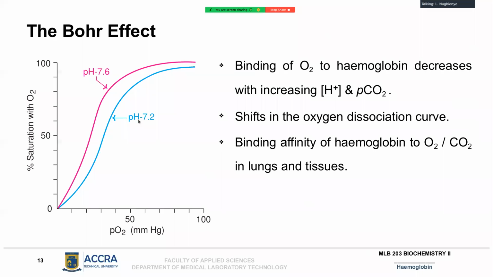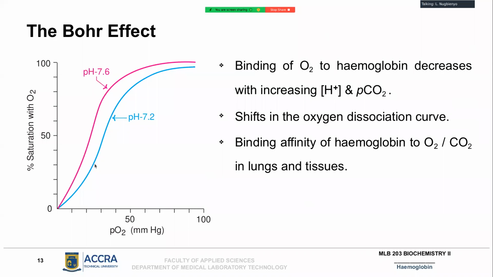So in the lungs, if you take the red line to represent the lungs, it will take a shorter time, because the hemoglobin molecule has a higher affinity for oxygen, and you see that the hemoglobin molecules get saturated earlier. But in the tissues, hemoglobin molecules will get saturated with oxygen later.